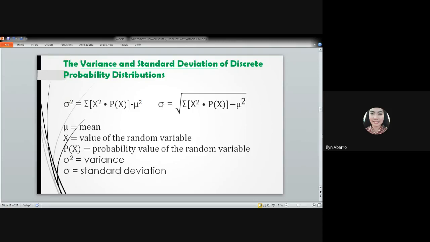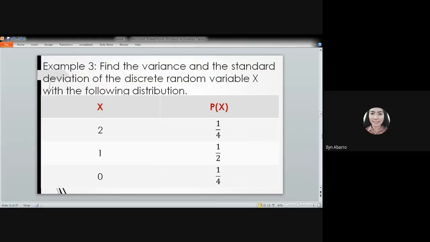Okay, let us have an example. Find the variance and the standard deviation of the discrete random variable x, ito yon, with the given probability distribution. The given values for the random variable x are 2, 1, and 0.